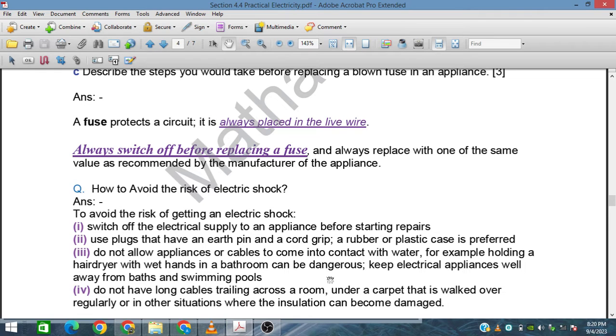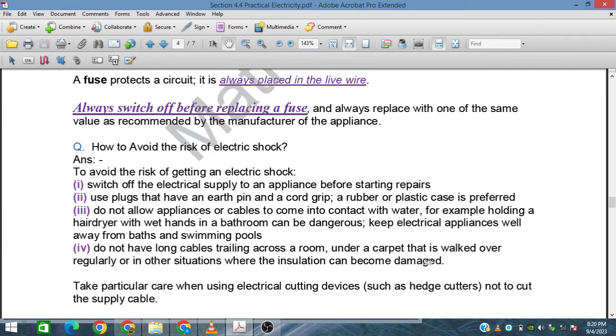Long cables may come across areas where rubbing and other friction may damage the insulation, and it could be injurious to a person who comes across it and gets an electric shock.